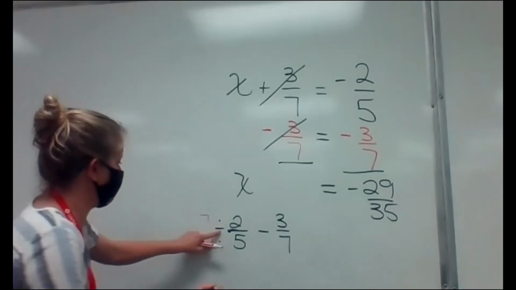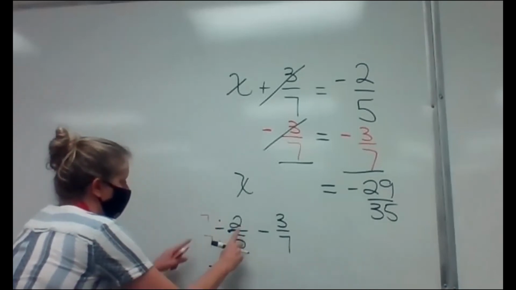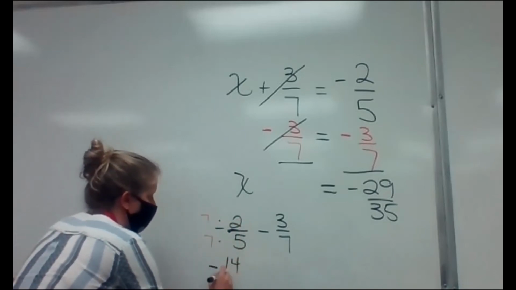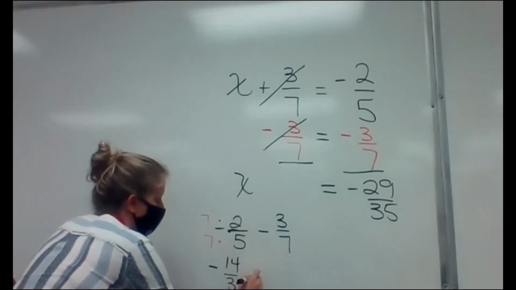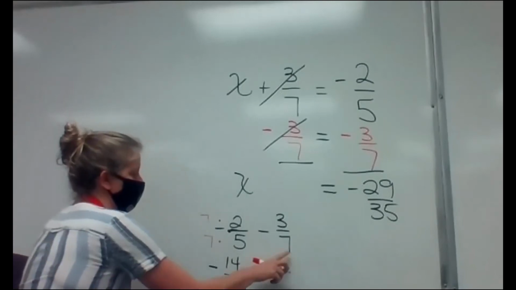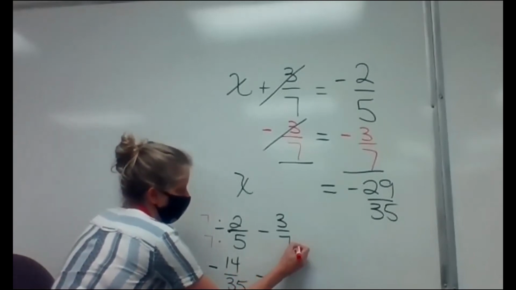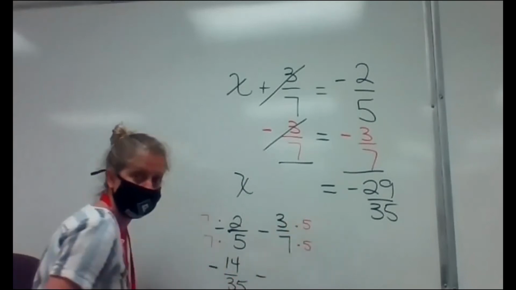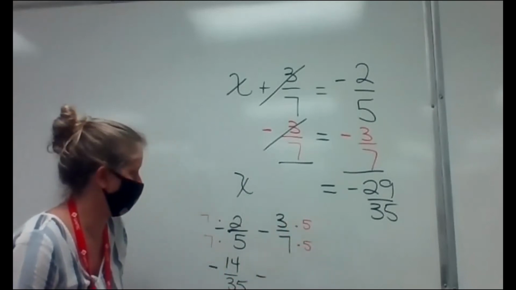So again, it's still negative. Multiplying on top and bottom gives me negative 14 over 35. Minus, how do I make this guy 35? I need to multiply him by 5. I've got to do that on top and bottom.